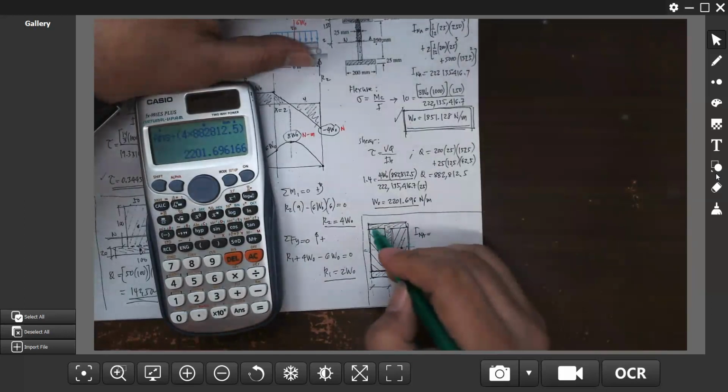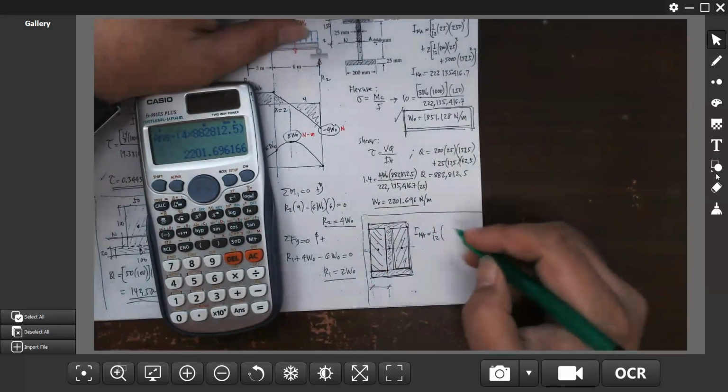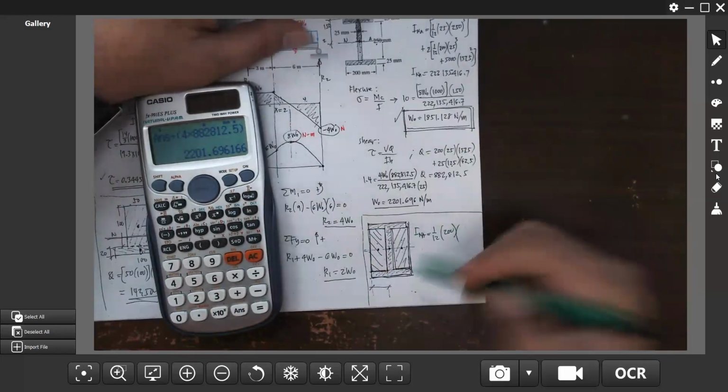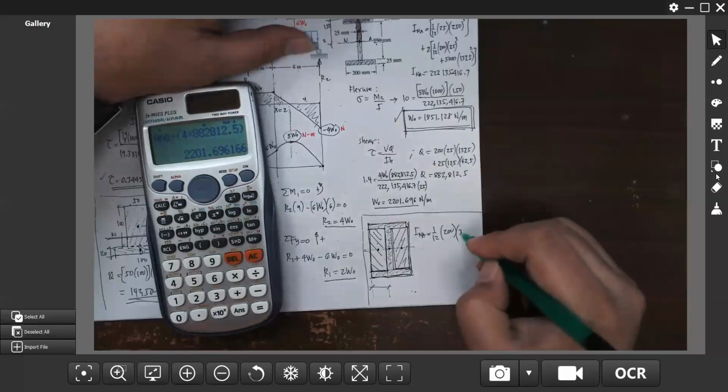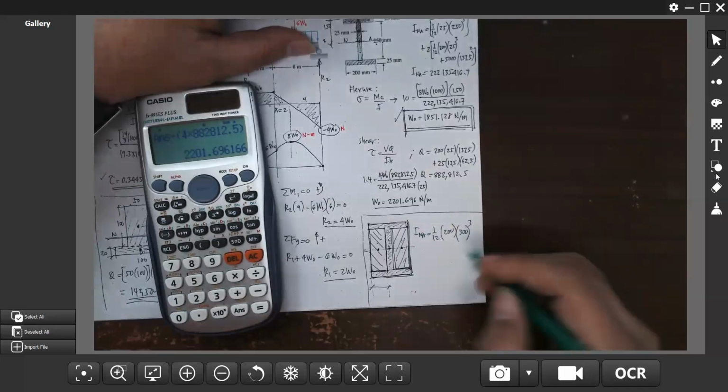Okay. So 1/12 kini dayon 200. Tapos ang height niya, which is 300. Di ba? 250 plus 25 plus 25.